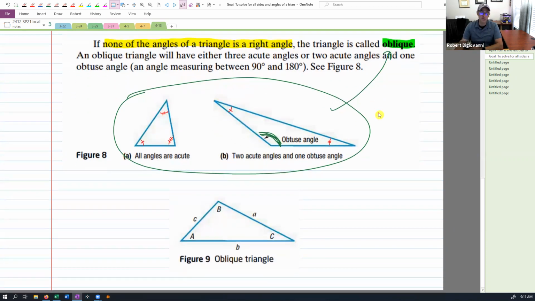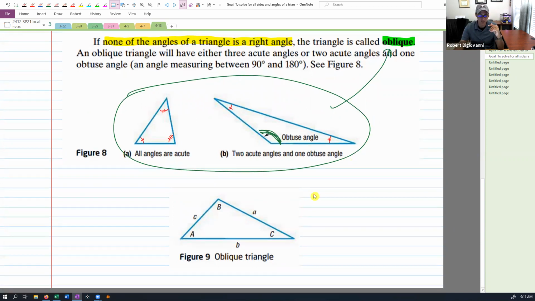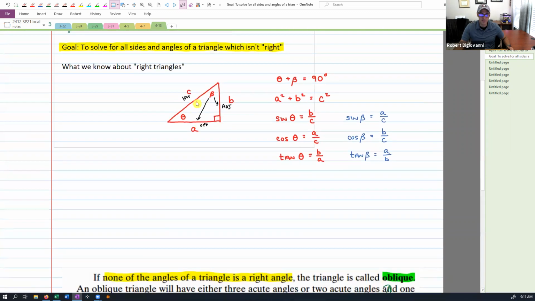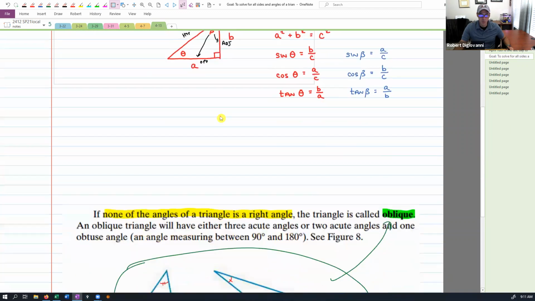Now, for the sake of what we're doing, we're going to have a standard drawing that we're going to use for the rest of this section. And that is this drawing right here. Notice this is not a right triangle. And because it's not a right triangle, we're not going to use the same notation we used for that one.